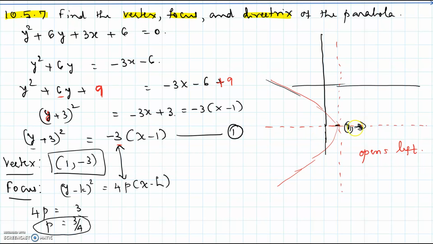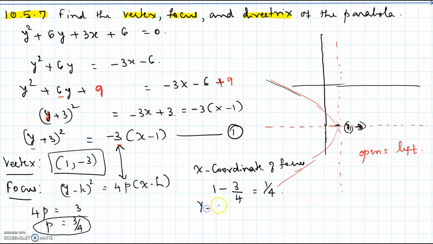So the focus is at a distance p to the left of the vertex. The x coordinate of the focus is 1 minus 3/4, since p units away from the vertex, which will be equal to 1/4.